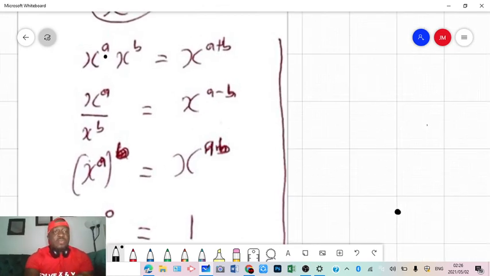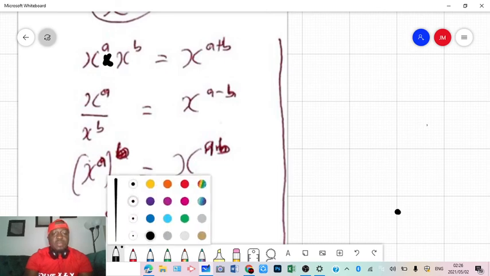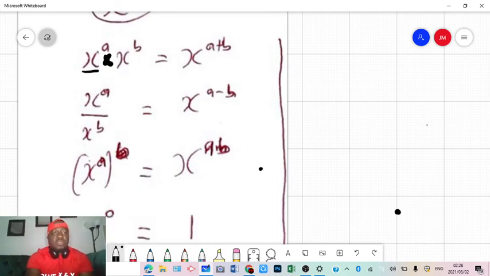So the first law has to do with multiplication. When two exponents multiply each other, the law says that you keep the base and add the index. That is your first one.